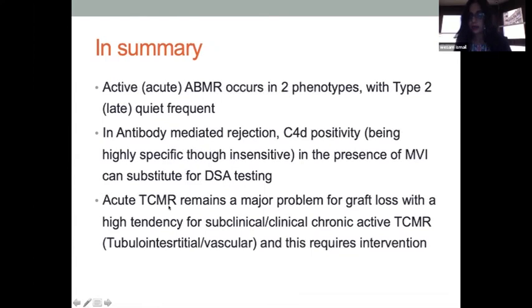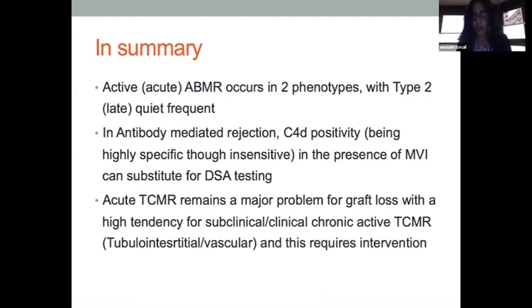T-cell mediated rejection remains a major problem for graft loss. Don't underestimate it. And as you see, in 2019 chronic active T-cell mediated rejection has been highly stressed. And in 2019, we also have the entity of chronic inactive rejection, to stress the fact that when we have a chronic active rejection, you need to know the element of activity in order to properly manage your patients.